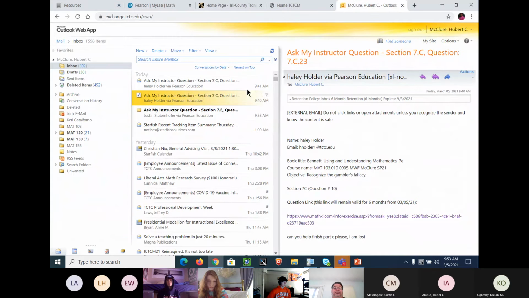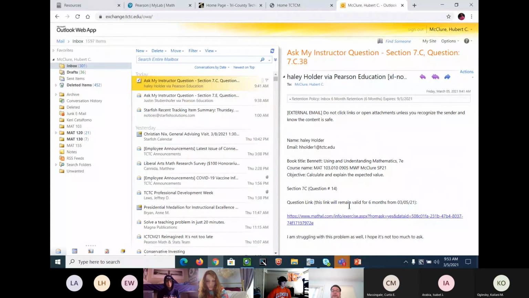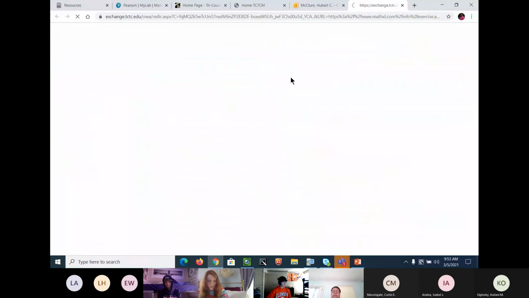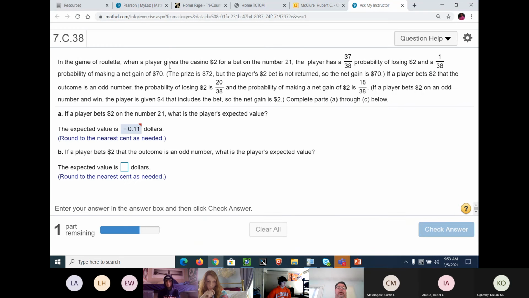Let's take that one out and do 38. This is 38/14. In the game of roulette, when a player gives a casino $2 for a bet on the number 21, the player has a 37 to 38 probability of losing.